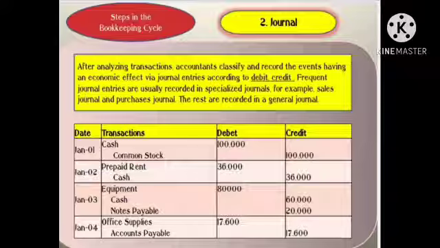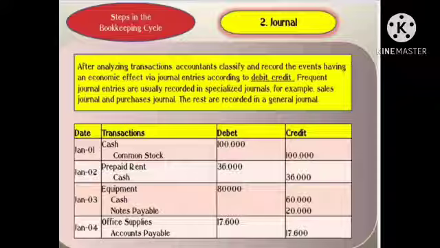Date 1 January transaction, cash and common stock, debit 100,000, credit 100,000. Date 2 January transaction, prepaid rent and cash, debit 36,000, credit 36,000. Date 3 January transaction, equipment, cash, and notes payable, debit 80,000, credit 60,000 and 20,000.